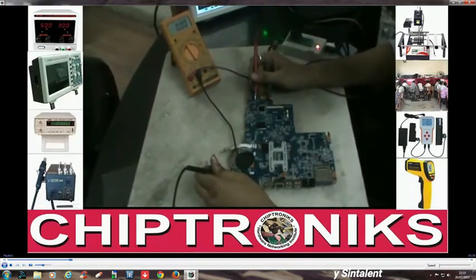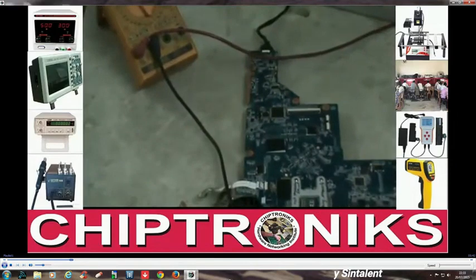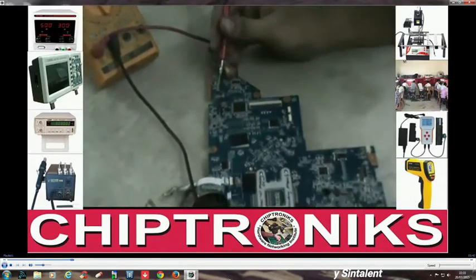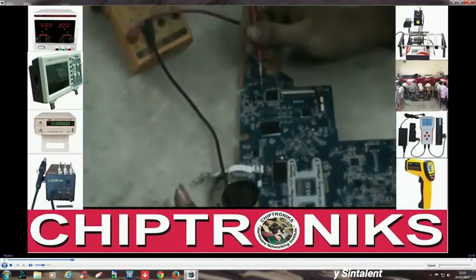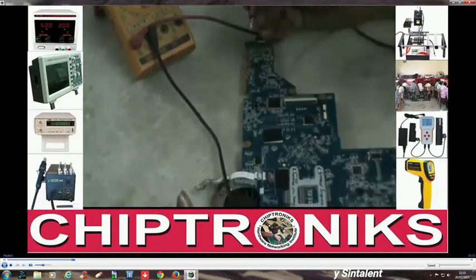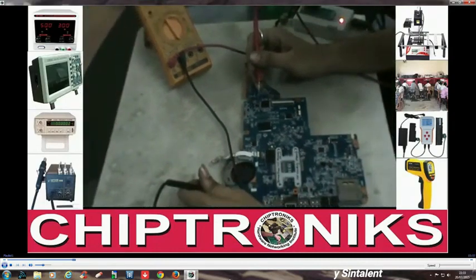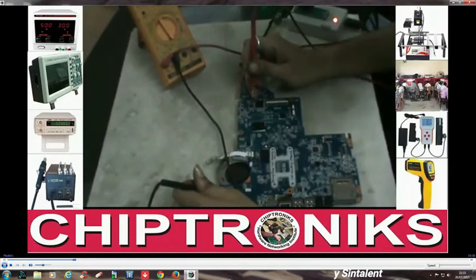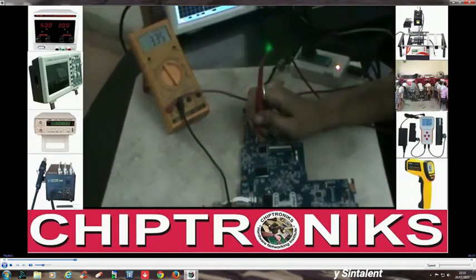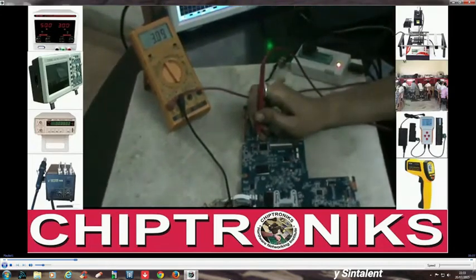I'll check pin number 8, the VCC pin. Here I need to check for 3.3 volts. 1, 2, 3, 4, 5, 6, 7, 8. You always count anti-clockwise. This is pin number 8. Here we get 3.3 volts on pin number 8, the VCC pin.